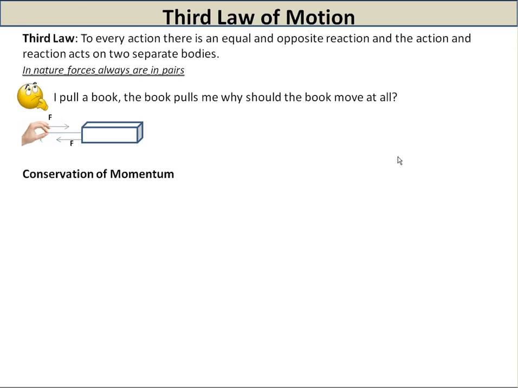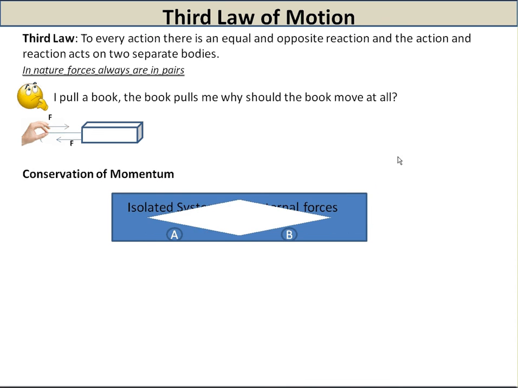Now that we understand Newton's third law of motion, let's move to what we mean by conservation of momentum. Newton's third law of motion has in fact given rise to this very important principle called conservation of momentum. To understand this, let us assume we have an isolated system. An isolated system means there are no external forces acting on this system. We have an isolated system comprising two particles as shown in the figure, particle A and particle B. Let's assume that these two particles interact with each other, say they collide.